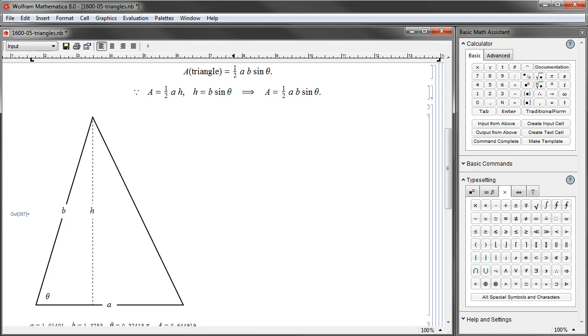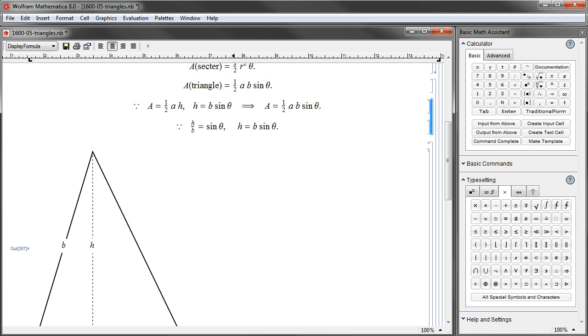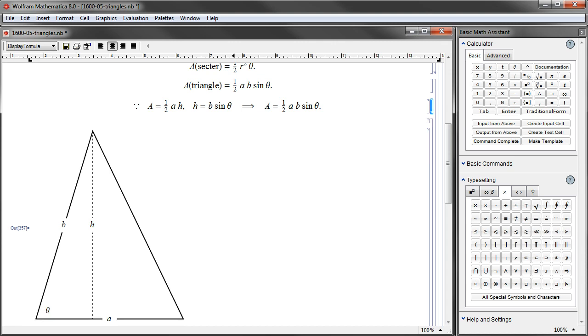But the height can be calculated from trigonometry. h is b sine of theta. The reason is that if you look at the left-hand side triangle, then b is the hypotenuse, so h over b is sine of theta. So h is b sine of theta, plug that in. Then we have the area formula, 1/2 ab sine of theta.